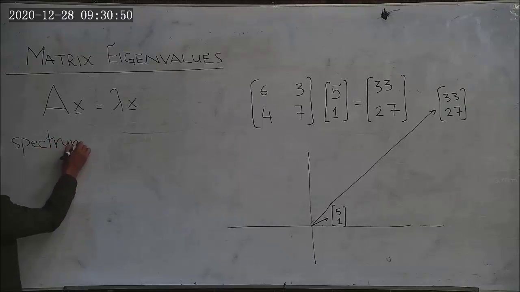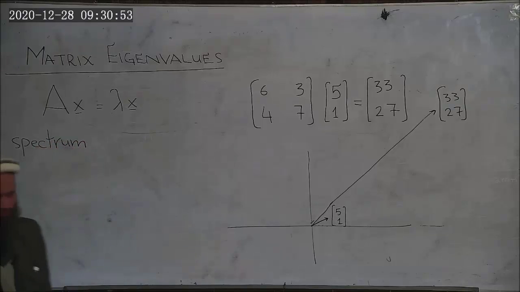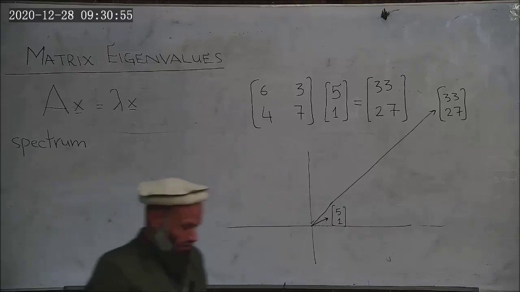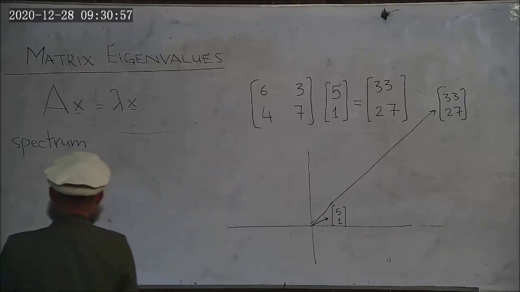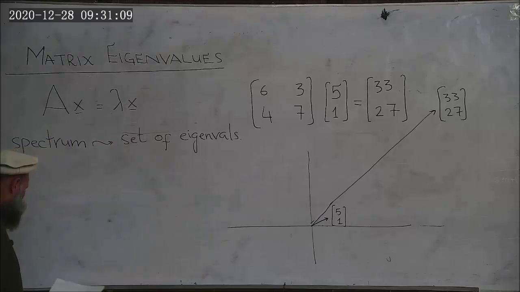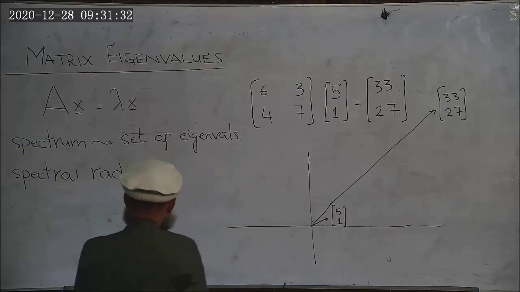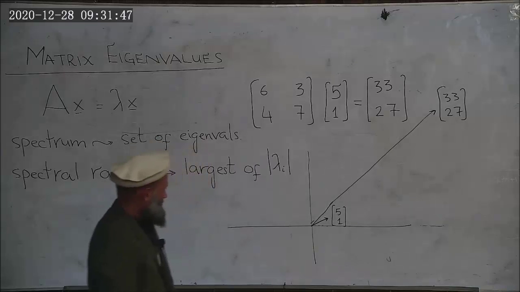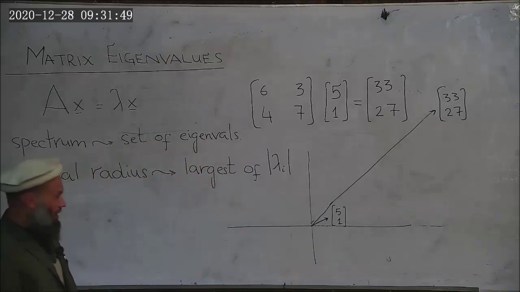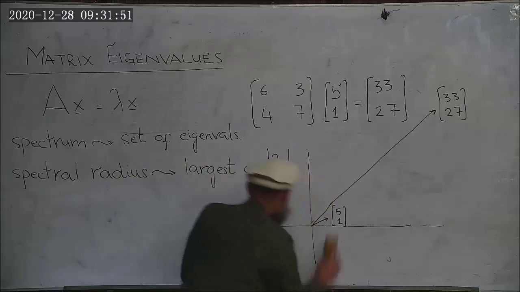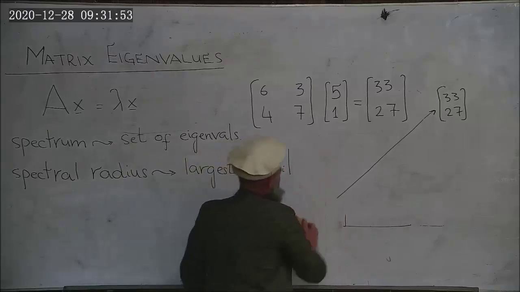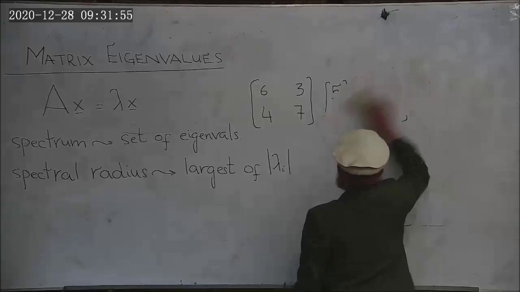What is spectrum of a matrix? Set of all eigenvalues is called spectrum. Spectral radius is the largest of absolute value of all eigenvalues. That is called spectral radius of a matrix.